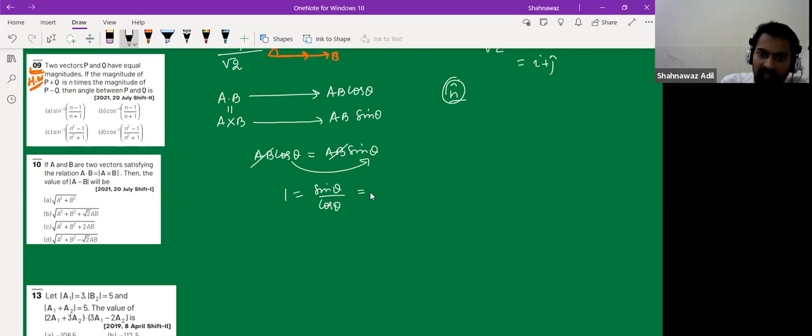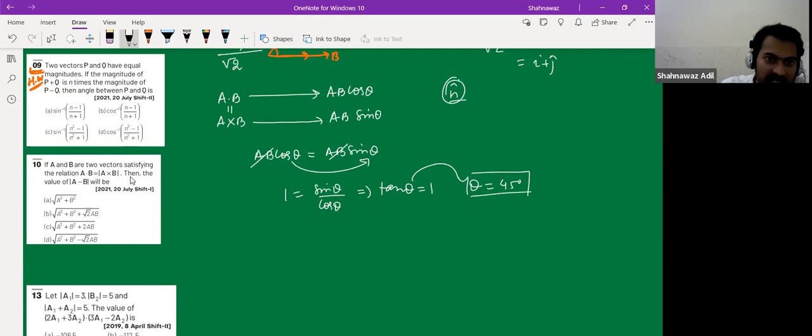So tan theta is 1, which means that your theta is how much? Theta is 45, right? So the angle between A and B vectors, you found that this is 45, right?